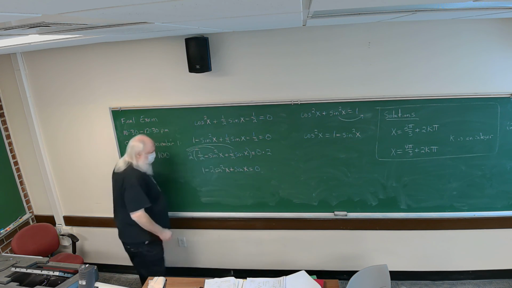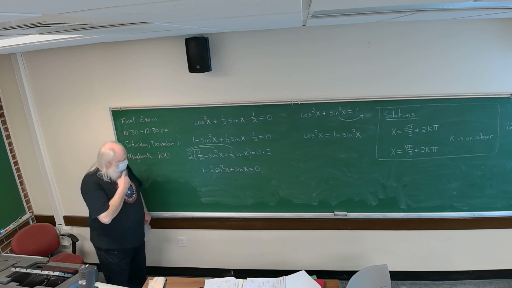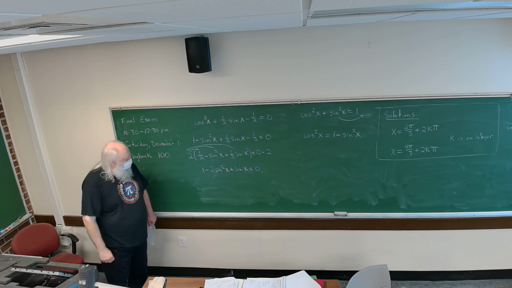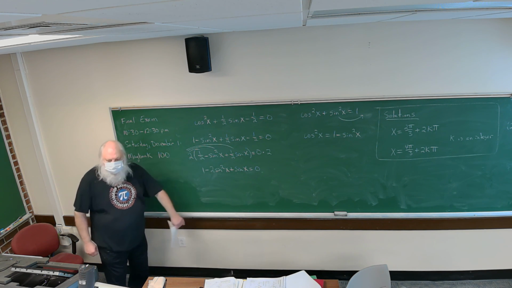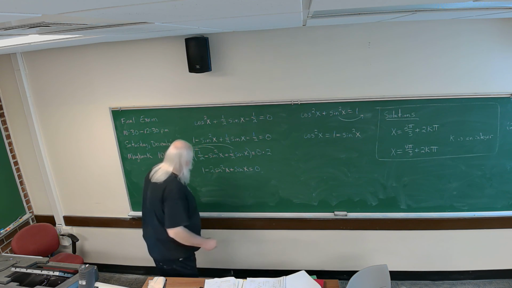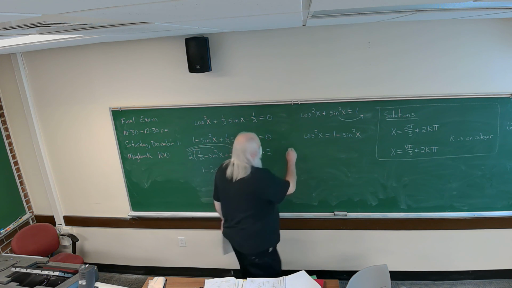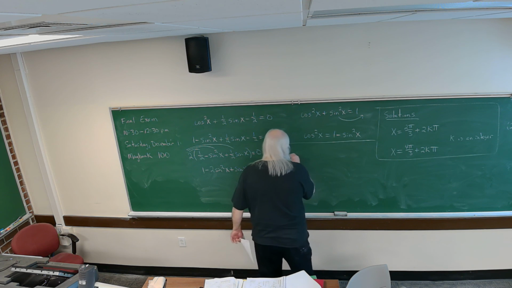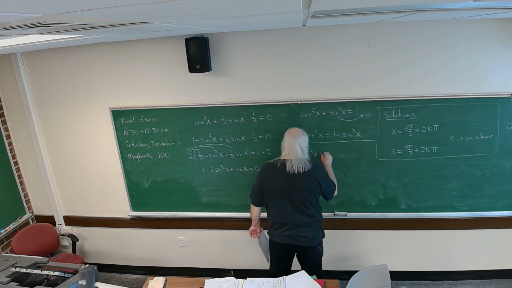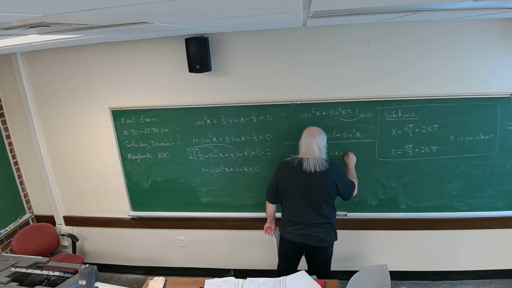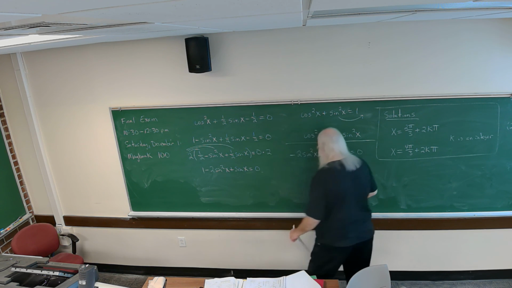And 0 times 2 is still 0. And now I can write this in descending powers of sine of x. And I have minus 2 times the sine of x squared plus the sine of x plus 1 is equal to 0.